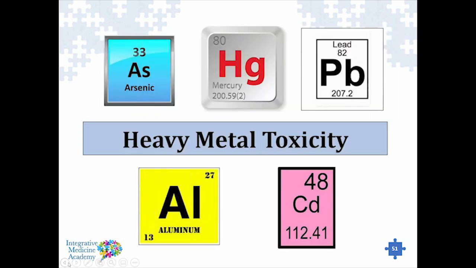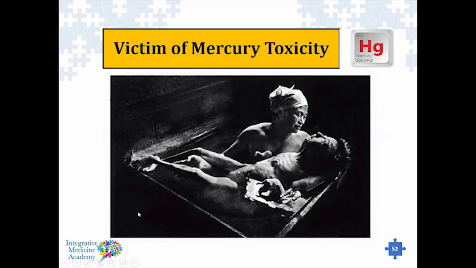Another area of assessment that needs to be considered is heavy metal exposure, from arsenic to lead to cadmium to mercury. And there are many tragic scenarios of environmental mercury poisoning.